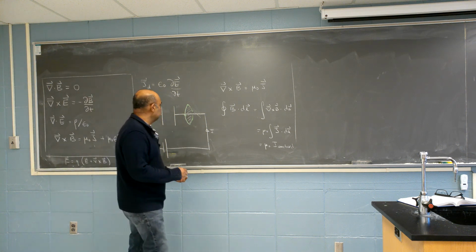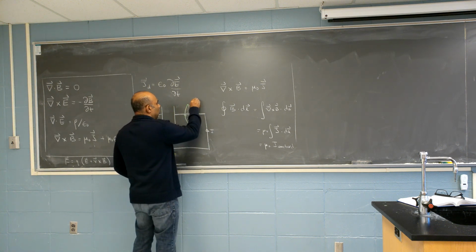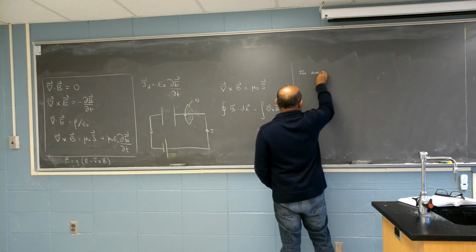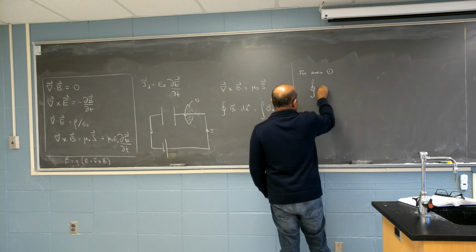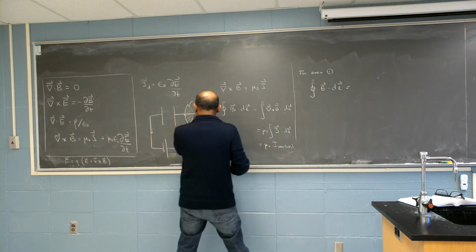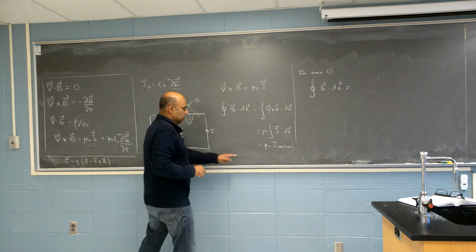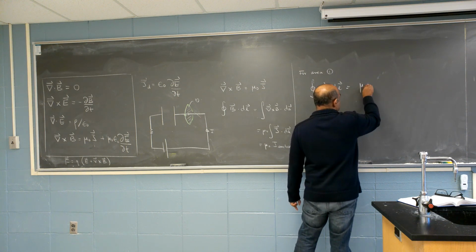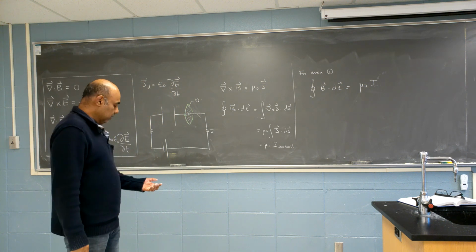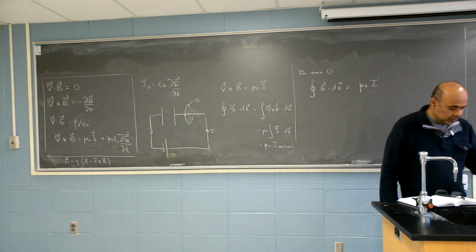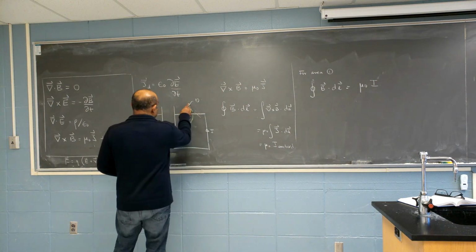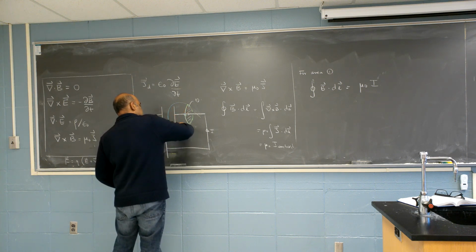And if I do that, let me call this 1. For area 1, B dot dl. Well, through here I have this current I passing, so it's just mu 0 I. But then it's a capacitor, so I can pick this sort of a curved surface area.